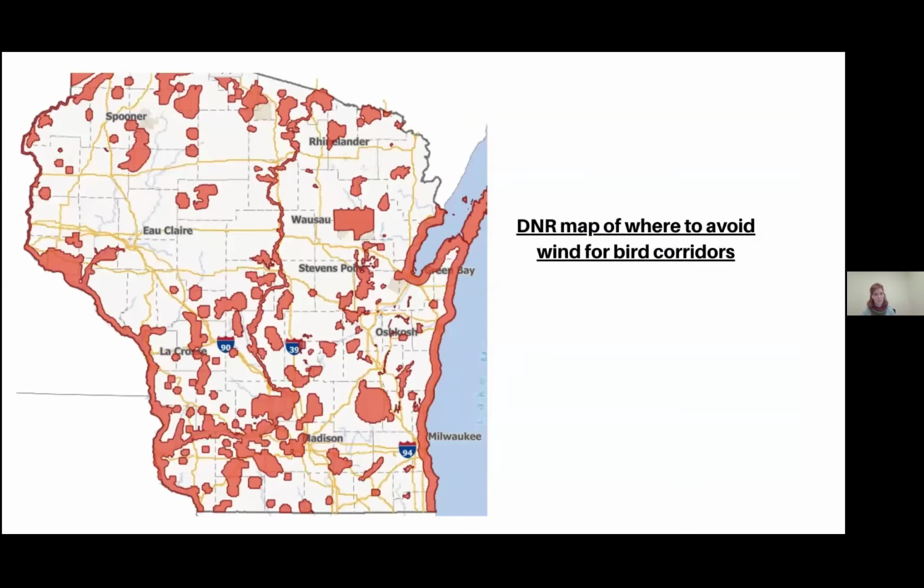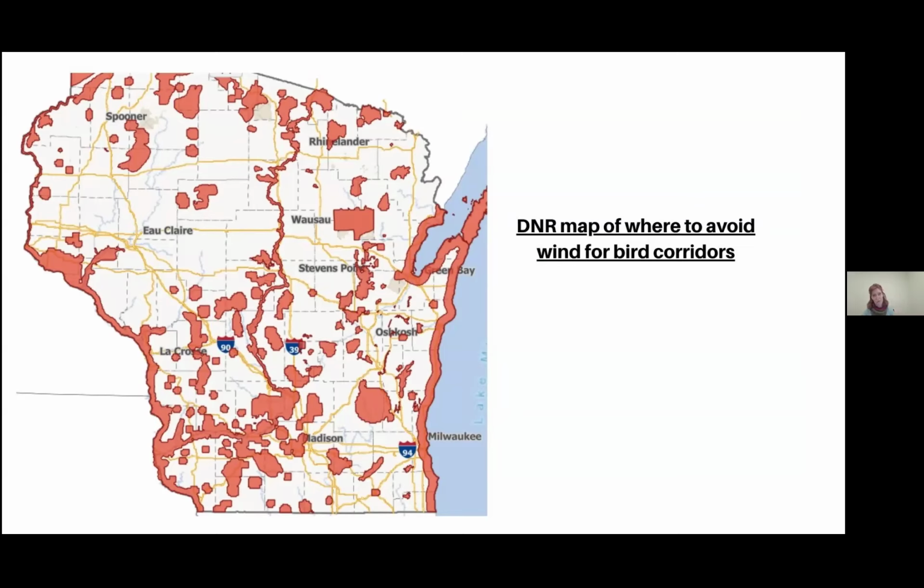Next slide. And their DNR does have a map of where they find that we have high priority spaces where wind turbines should not be, for wildlife and bird corridors. I did a quick comparison of this for our presentation coming up in Columbia County, and you can see that it is mapped very specifically. Those turbines are placed just outside of those spaces.